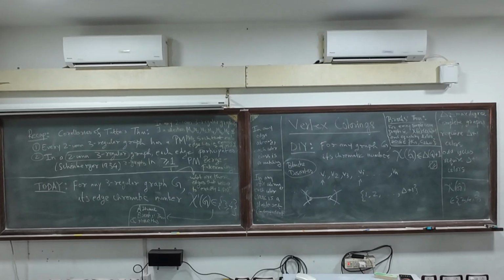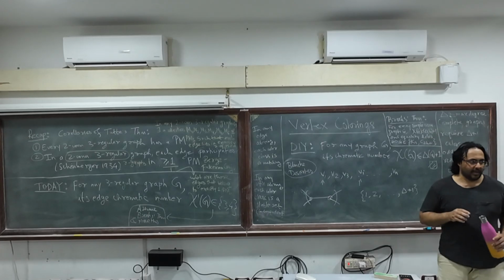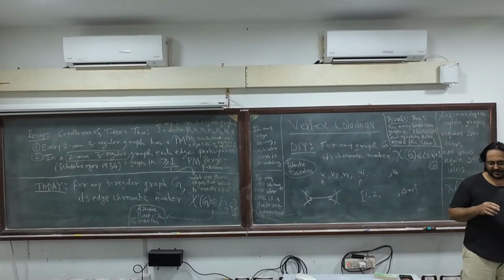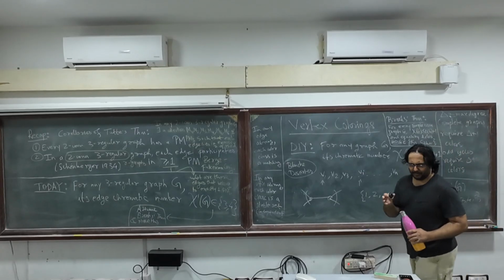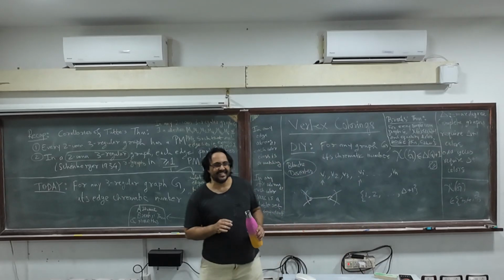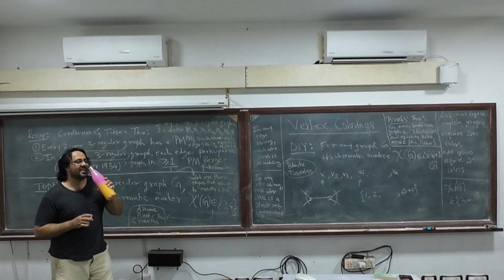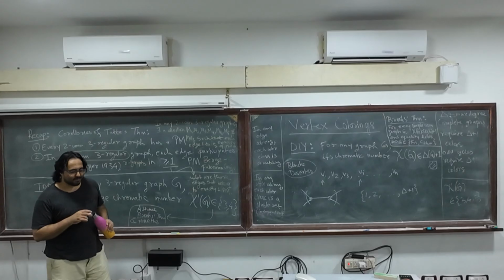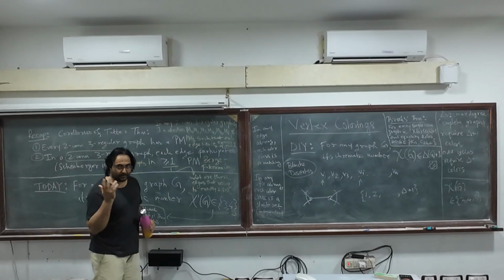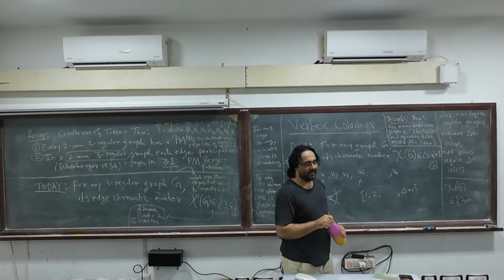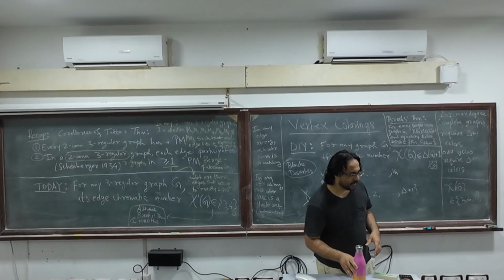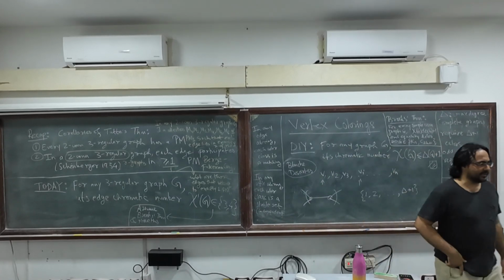Bill Tutte kept doing graph theory, and he is one of the main reasons why graph theory is a reasonably respectable subject in most countries, unfortunately not in India. Anyways, not yet. Anyway, that was the situation back then in the UK. Unfortunately, we still have the same situation here.